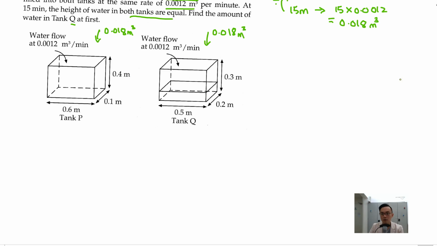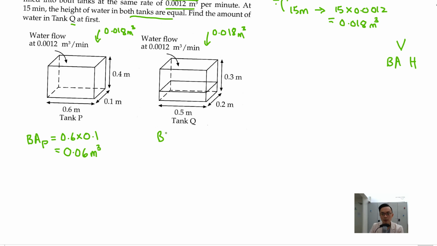So let's look at my favorite formula again. I have my volume, I have my base area, and I have my height. So my base area of tank P equals to 0.6 times 0.1 equals 0.06 cubic meters.